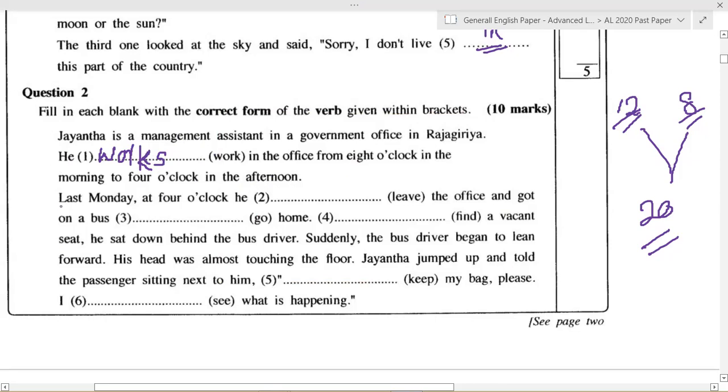Last Monday. Last Monday means past. This should be a past tense. And then, straightforward, there are timelines like every day, every hour, every year. And last, you use for past tense, as we know now.